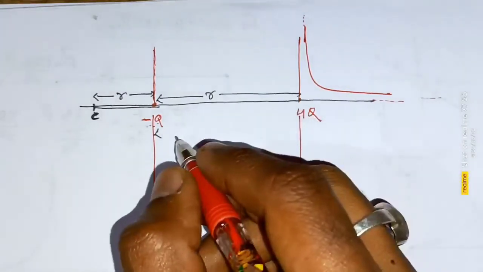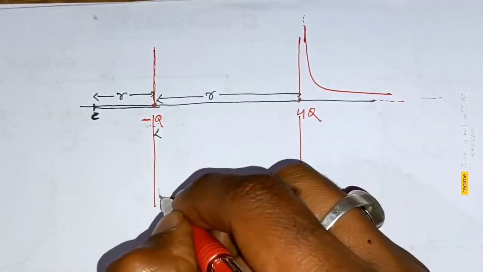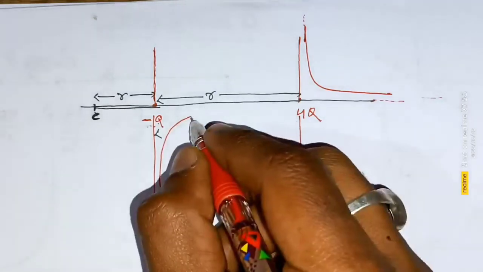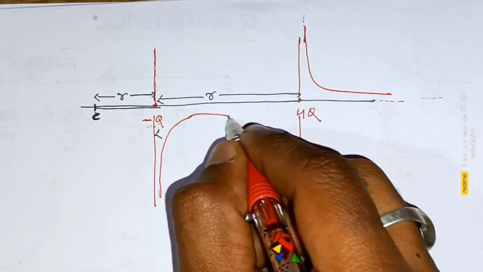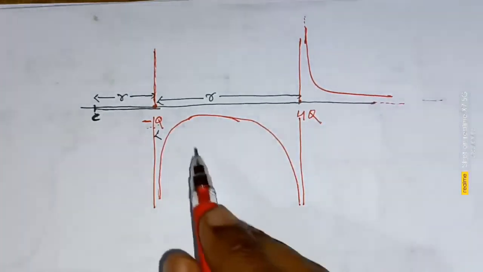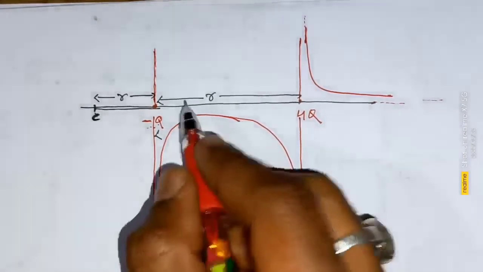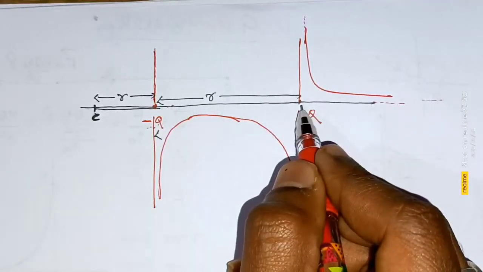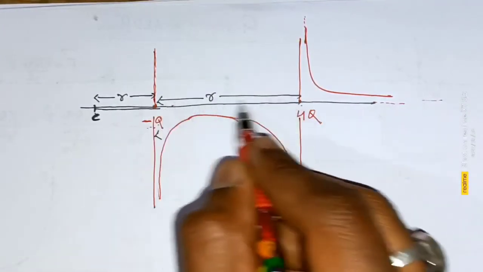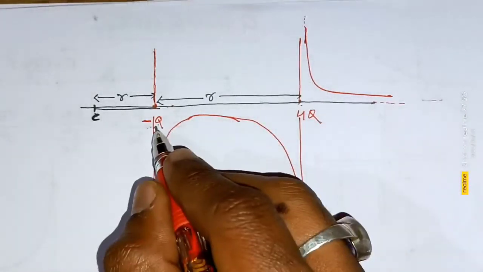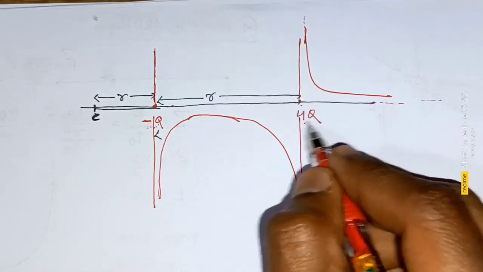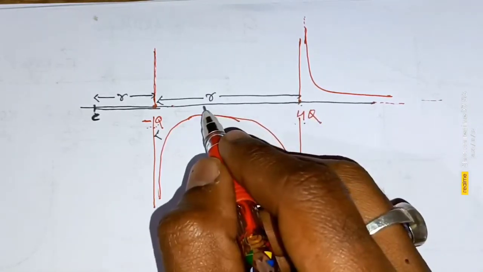So for minus Q, the plot will go like this, and here it will go like this. Be very careful in these sections. Here there will be no equilibrium point, so there will be no touching of this axis. This is Q magnitude, this is 4Q magnitude.